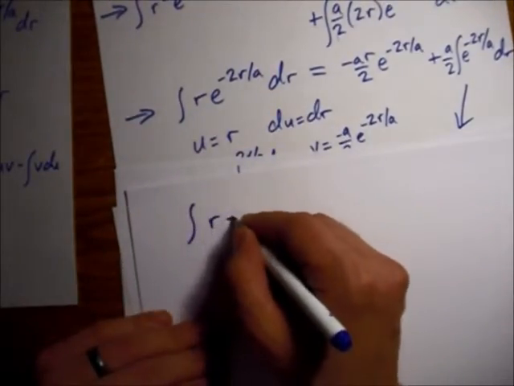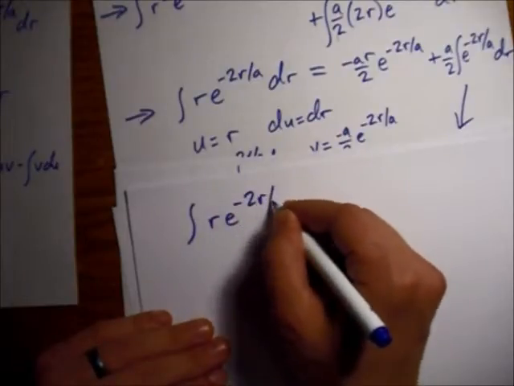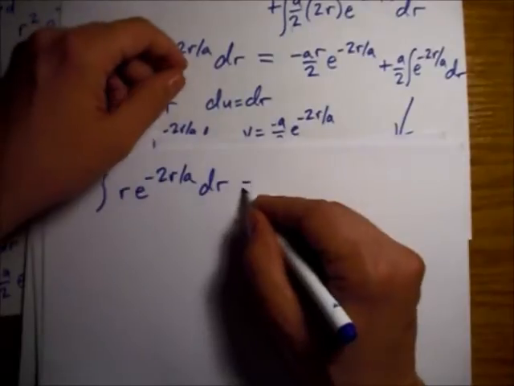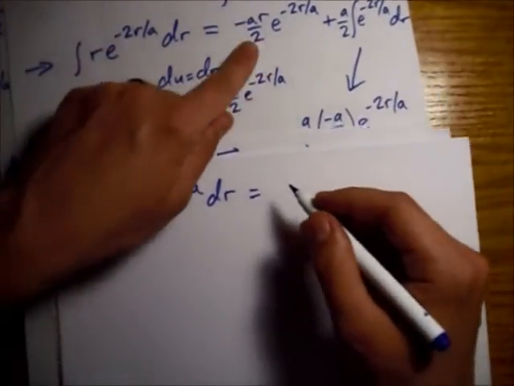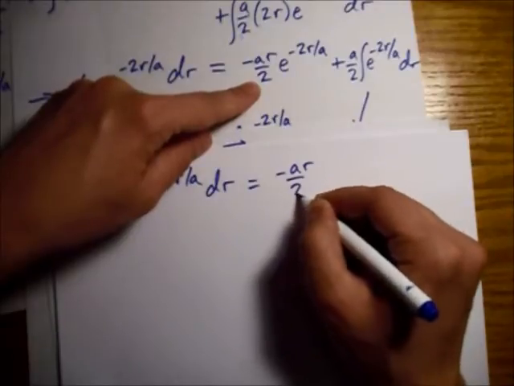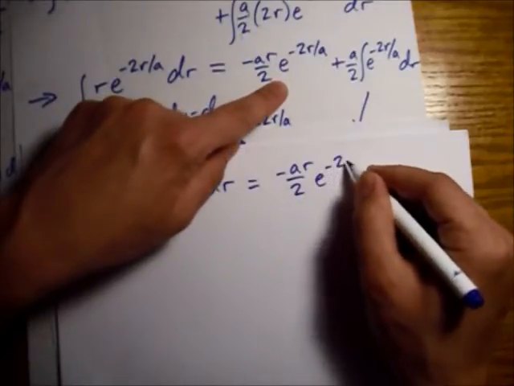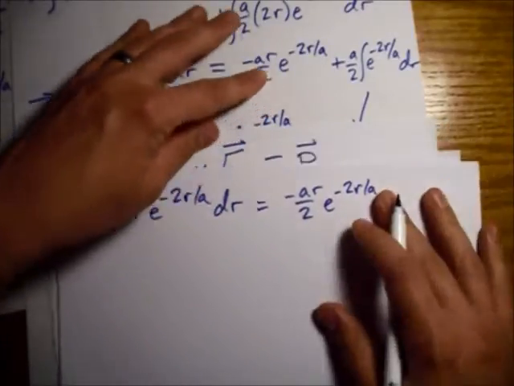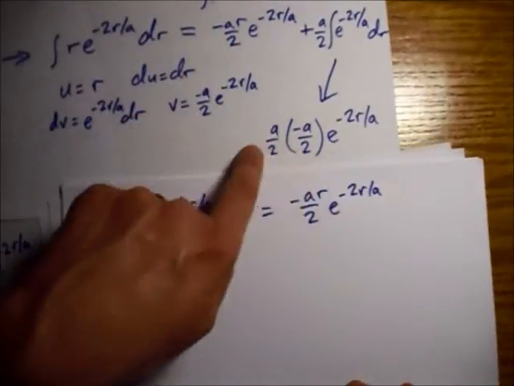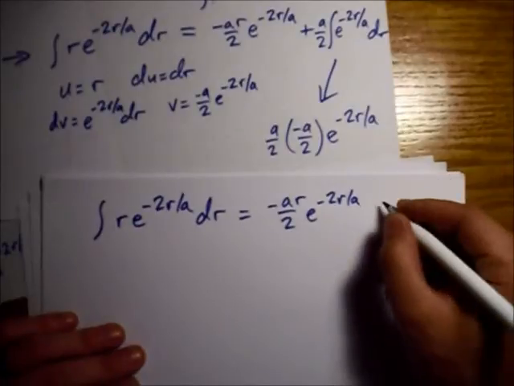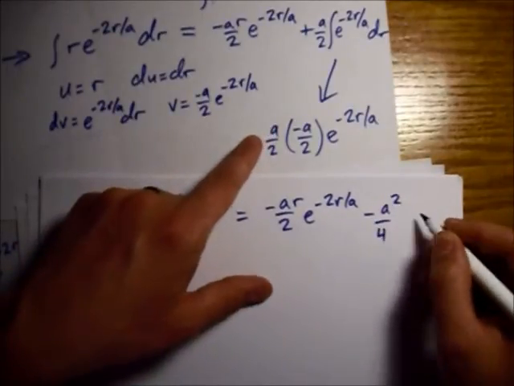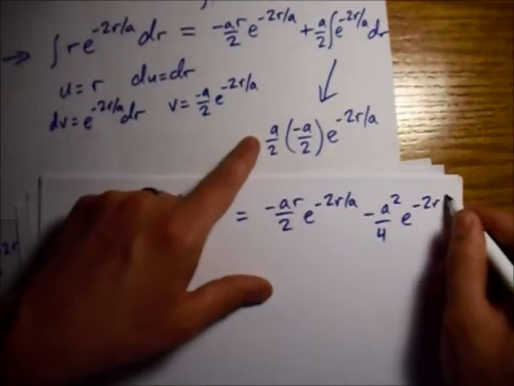So we have the integral of r e to the minus 2r over a dr is equal to this right here, minus ar over 2 e to the minus 2r over a, and then we are putting in this last integral that we did. That's a minus a squared over 4 e to the minus 2r over a.